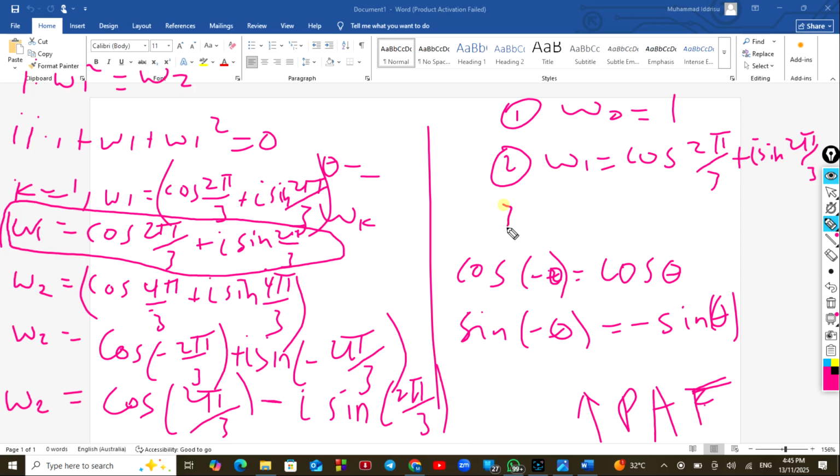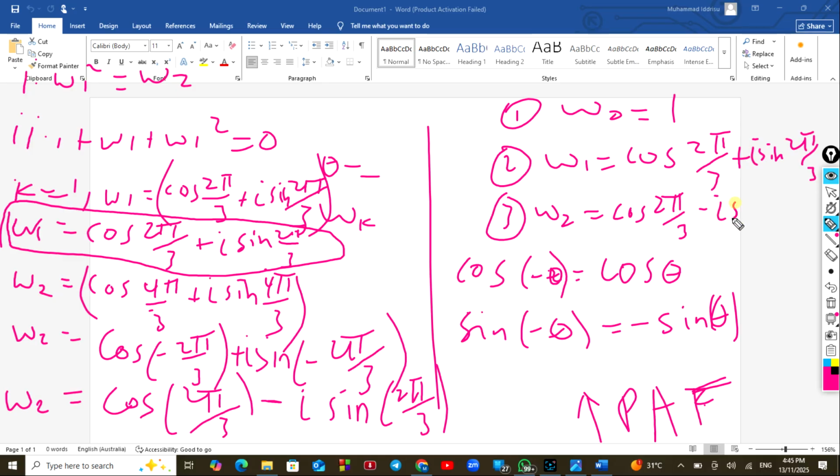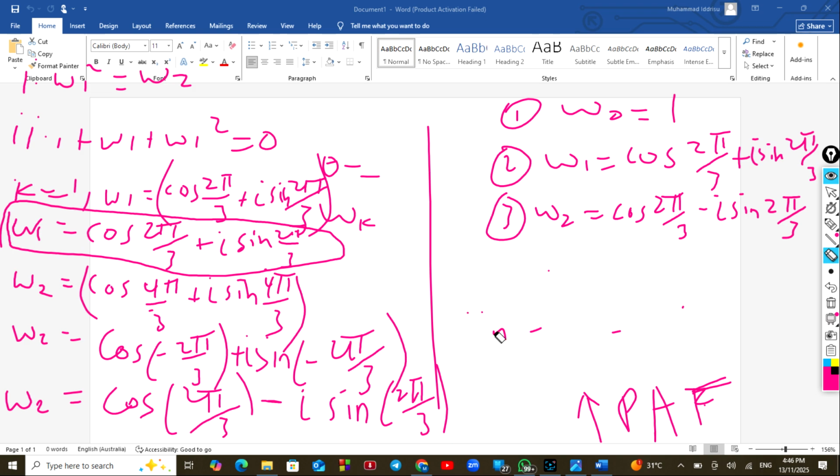So now we have our third root, which is W2 is equal to cos of 2 pi over 3 minus I sine 2 pi over 3. That's perfect. So now let's revise the question and check what we wanted.